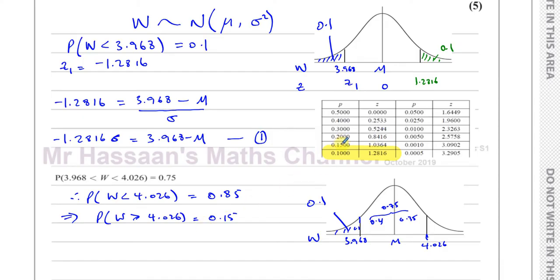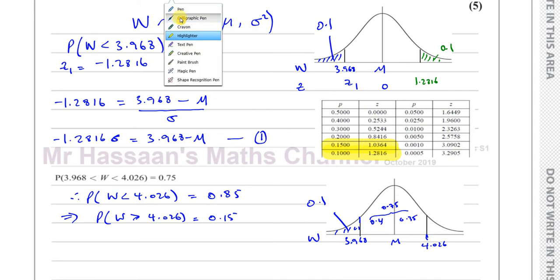That will help us because we can use the same table here. In fact, we can use the row just directly above the one we used first. That's a probability, the area to the right of this Z value. So the probability that something's bigger than the Z value is 0.15.